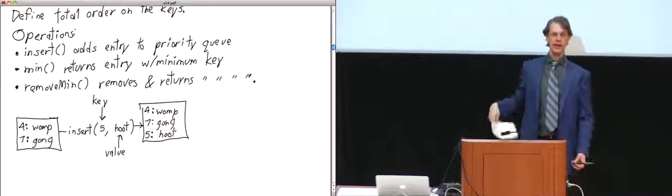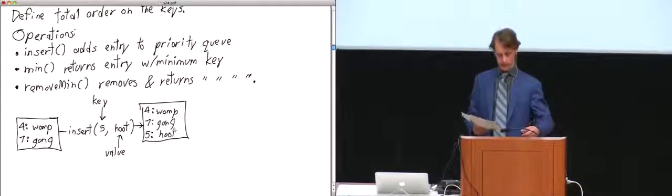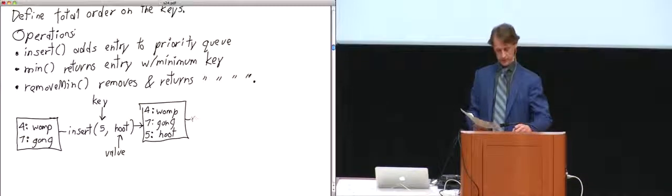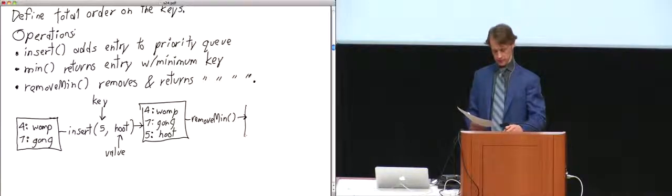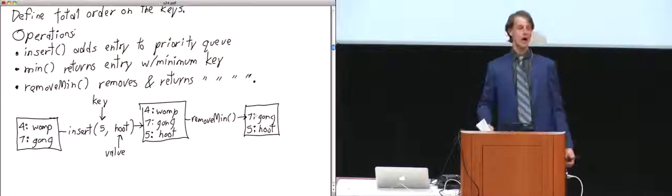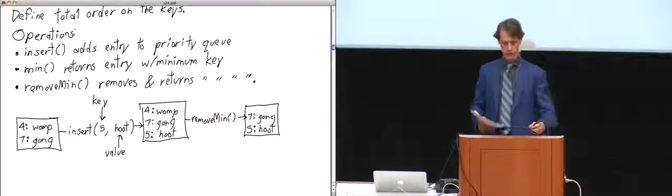But these things are arranged internally in a special way that makes it possible to find the minimum one fast. So if I do remove min, it modifies the priority queue to remove the item with the minimum key. And it also returns that item, so you can look at it.